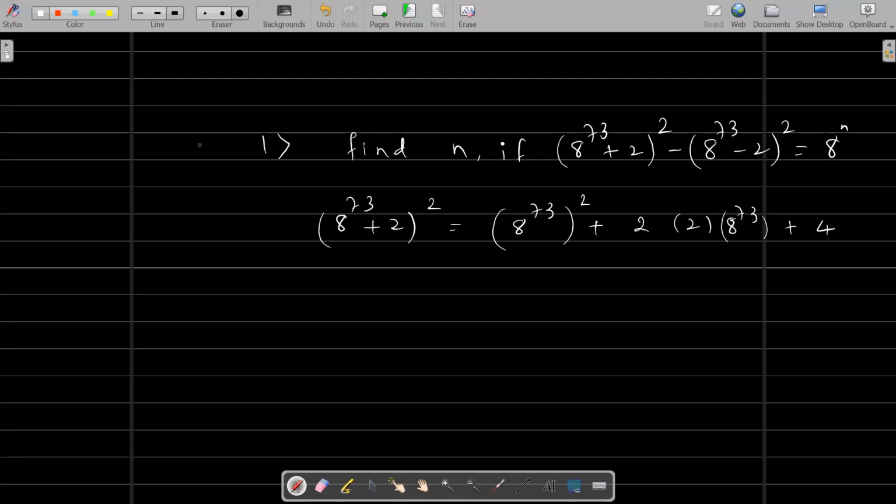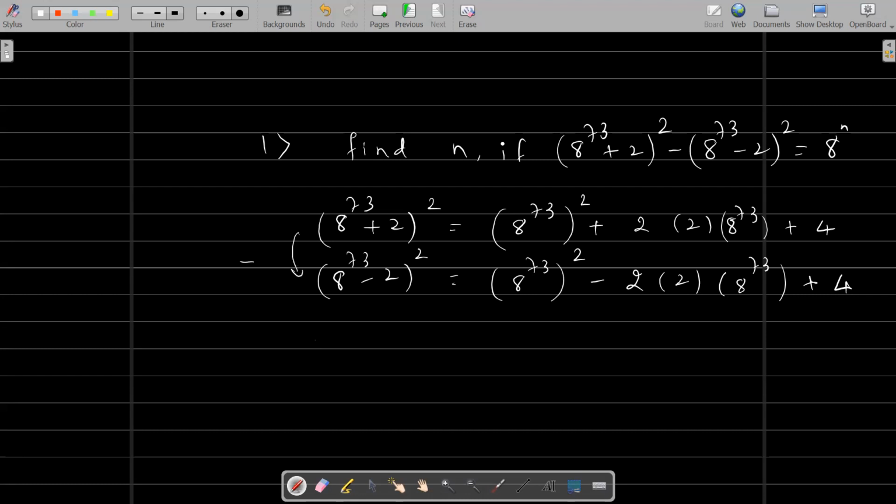That is the expansion of 8 raised to 73 plus 2. We can similarly expand 8 raised to 73 minus 2 square. So that is 8 raised to 73 square minus 2 times 2 into 8 raised to 73 and again plus 4.